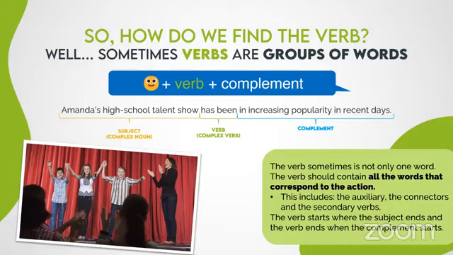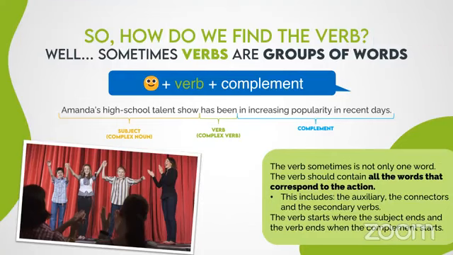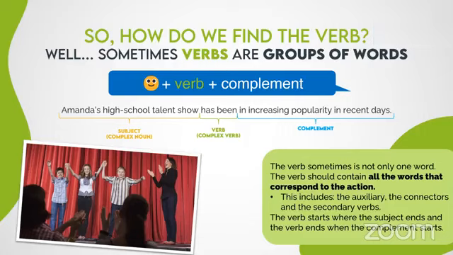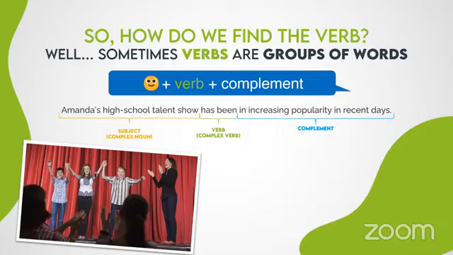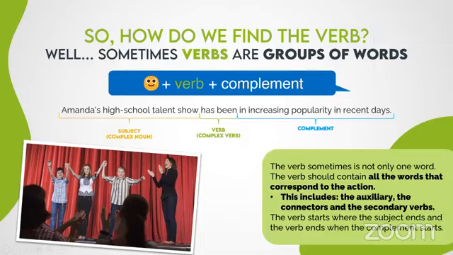This includes the auxiliary, the connectors, and the secondary verbs. The verb starts where the subject ends, and the verb ends when the complement starts. That's correct. This is so important, eh?